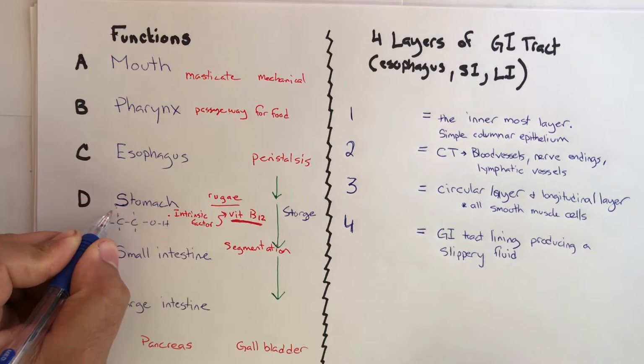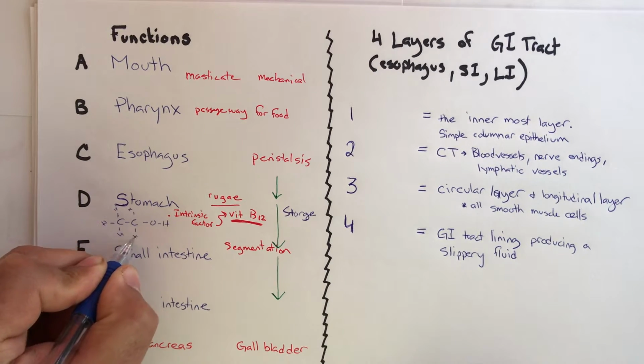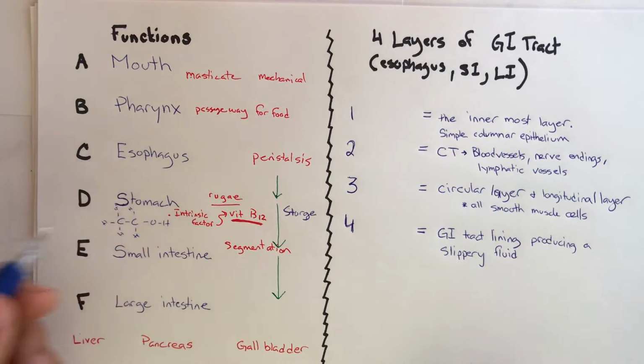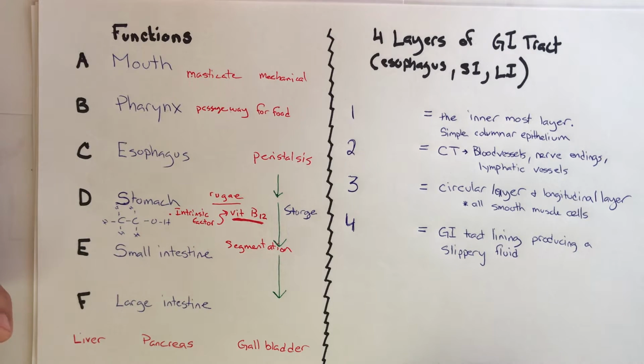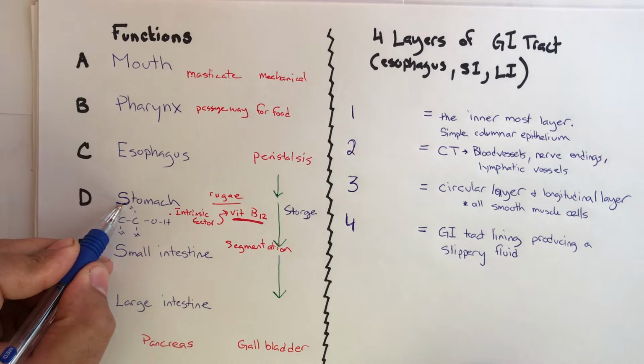Here's ethanol. We're talking 1, 2, 3, 4, 5, 6, 7, 8, 9, 9 atoms large. That's ethanol right there. It's very tiny. If it's small enough, it can get through the stomach wall and be absorbed.